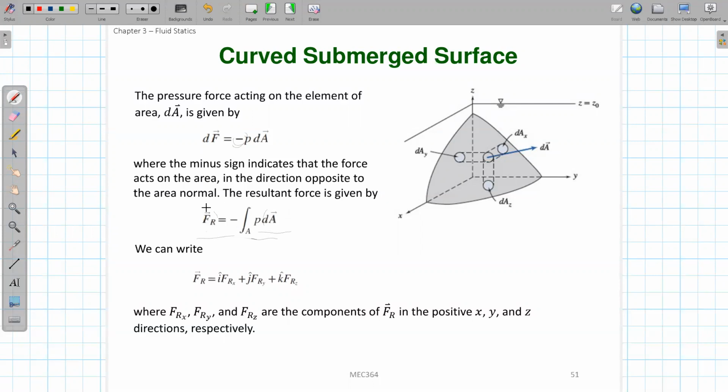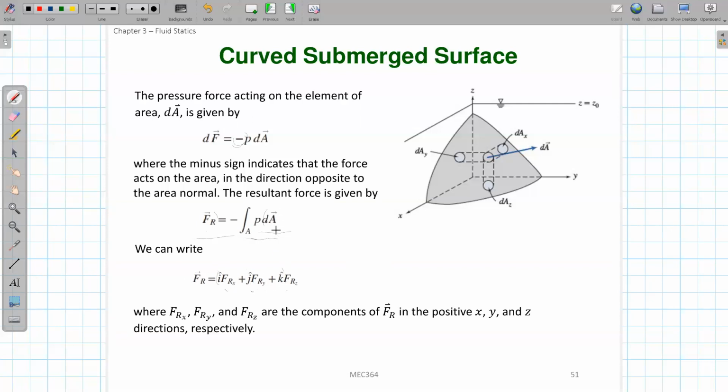For the force, we write it into 3 components: the resultant pressure force in the x direction component, in the y direction component, and in the z direction component. So we write the pressure force as i times FR over x, plus j times FR over y, and k times FR over z. This i, j, k are the unit vectors in the x, y, z directions. So this way we write FR in component form.